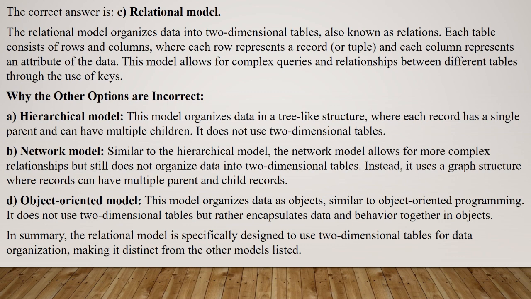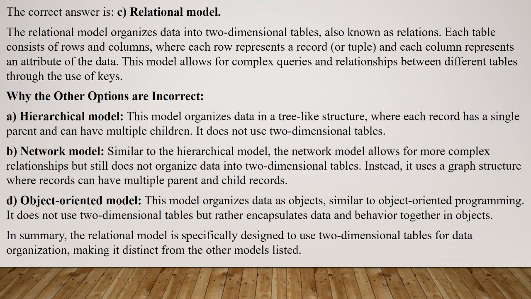The relational model is also called a two-dimensional model, or two-dimensional tables. It's also known as relations. Each table consists of rows and columns, where each row represents a record and each column represents an attribute.